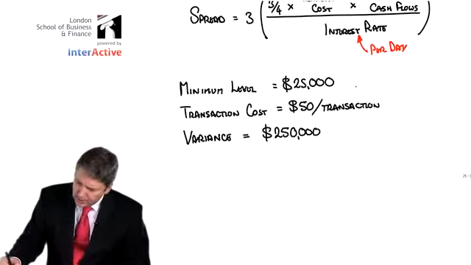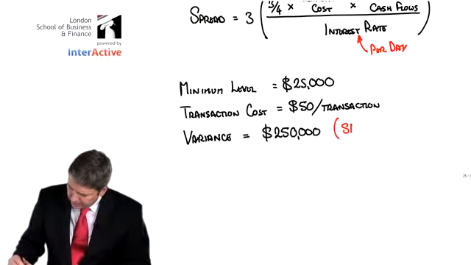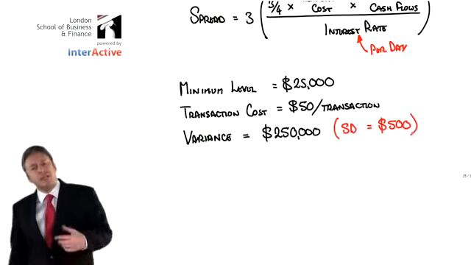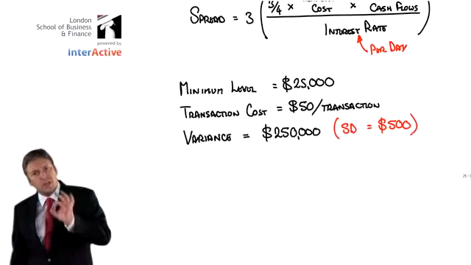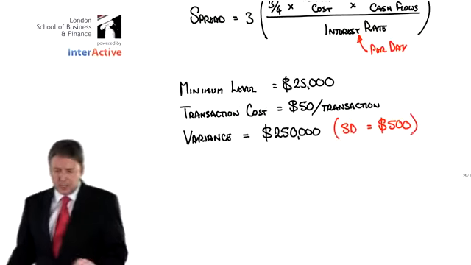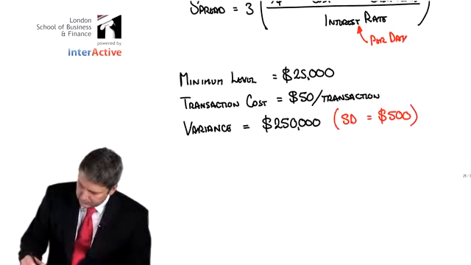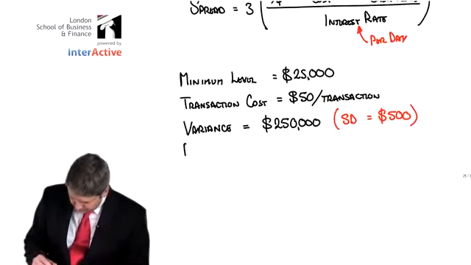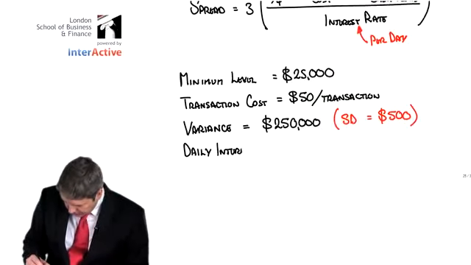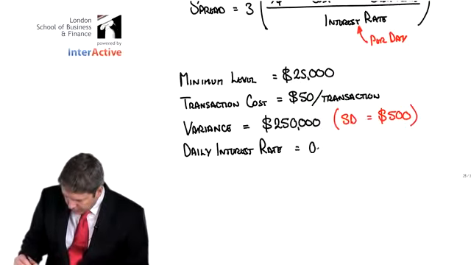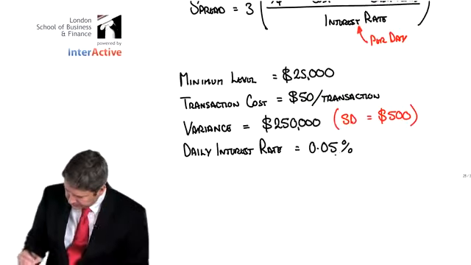Now, please note, you could have been given this as the standard deviation equals 500. Yeah? And it would mean the same thing, wouldn't it? So please be ready for that one. And finally, the daily interest rate equals 0.05%.